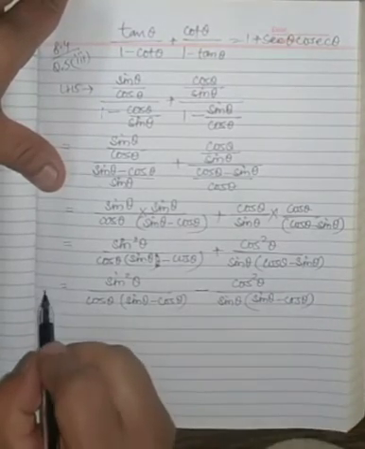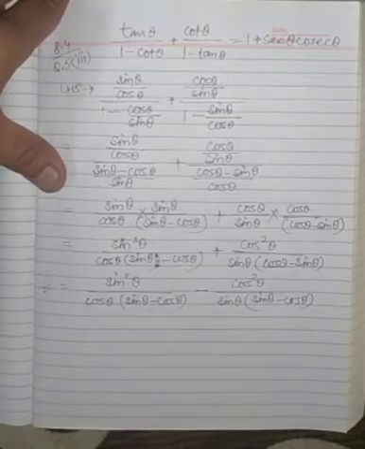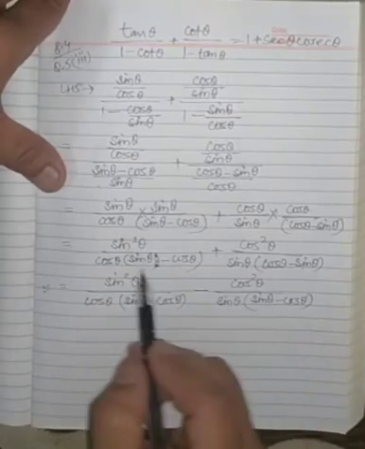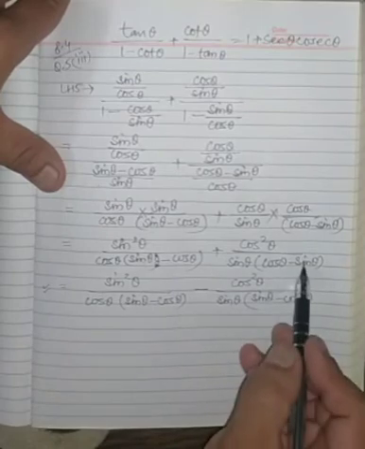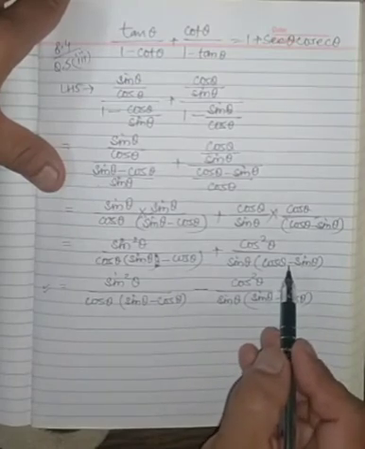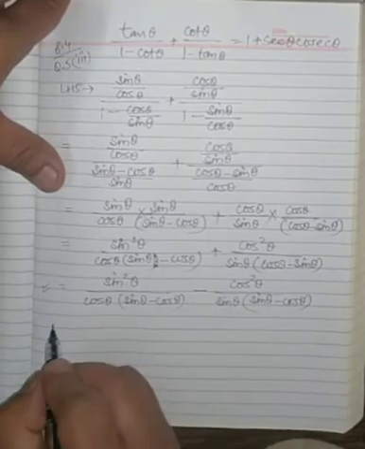Now this step particularly you have to keep very important, that what we have done in this. Once again, let me tell you that to make this bracket and this bracket same, from this bracket I have taken minus sign common, and because of this minus sign this has become minus.